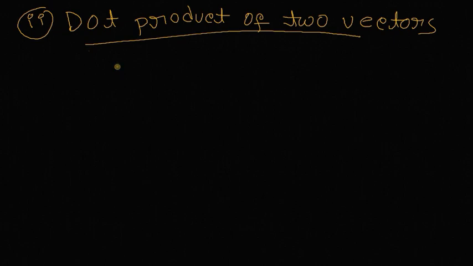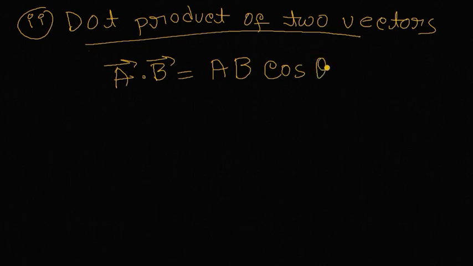The dot product A vector dot B vector becomes the magnitude of A vector, which is A, times the magnitude of B vector, and the cosine of the angle between them.